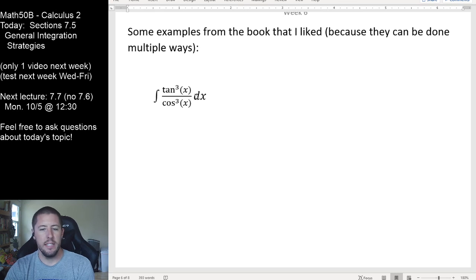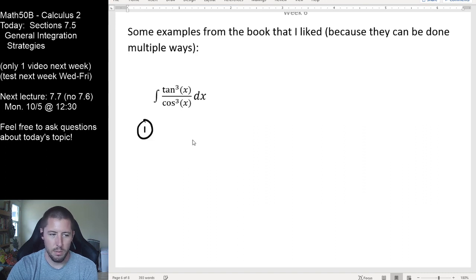If we've got cosines in our problem, why wouldn't we just write this all in terms of sines and cosines? What trig class taught me is to rewrite tangent in terms of sine and cosine. So for my route 1, I'm going to start the first version of my solution here. I'm going to think of tangent as sine over cosine, so I'm going to think of this as sine cubed x over cosine cubed x.